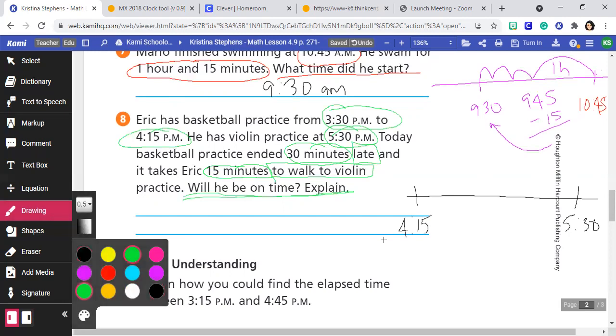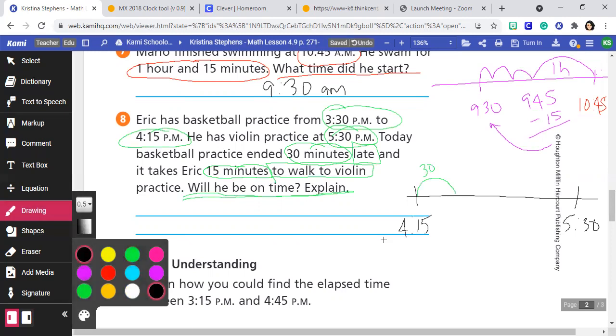So we need to know if this elapsed time here is going to get him to violin late or on time. So if basketball practice actually ended 30 minutes late, we've got a problem here because he's not even leaving at 4:15. What time is he leaving?